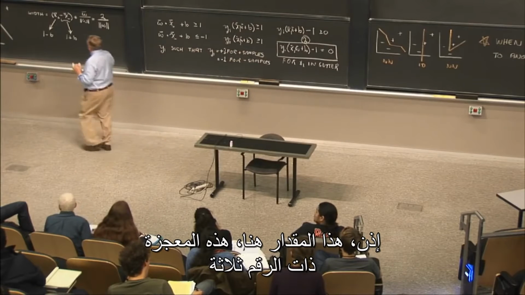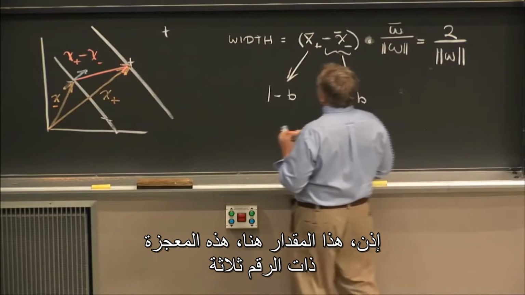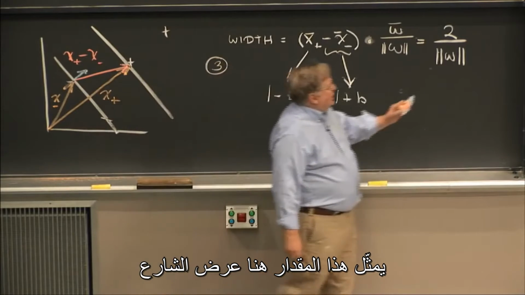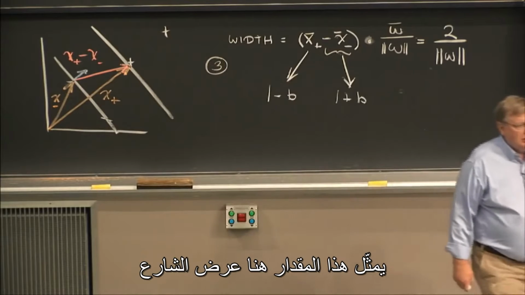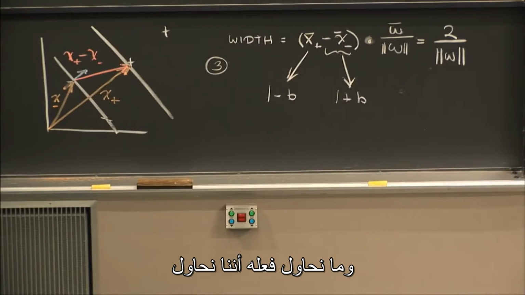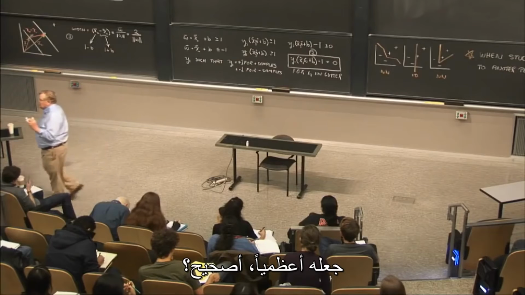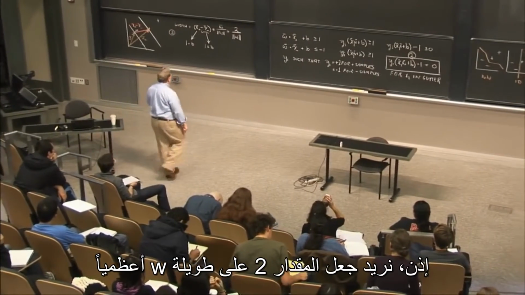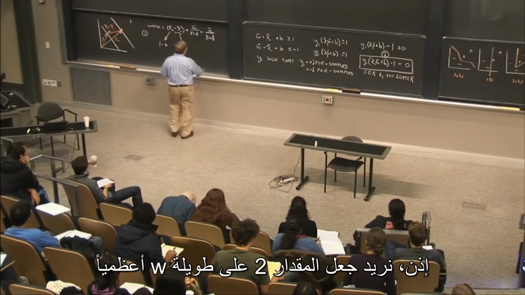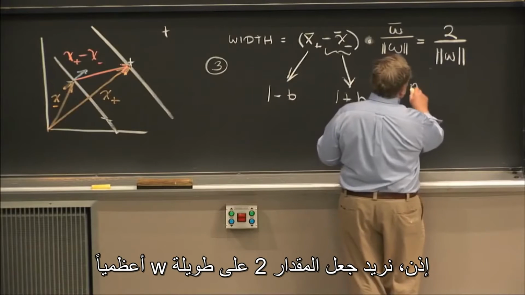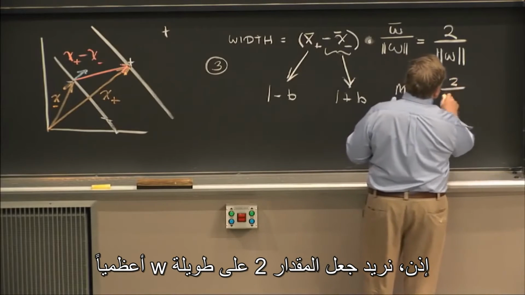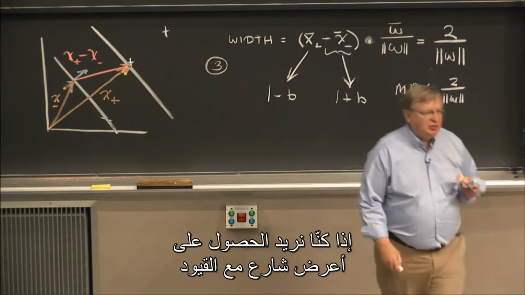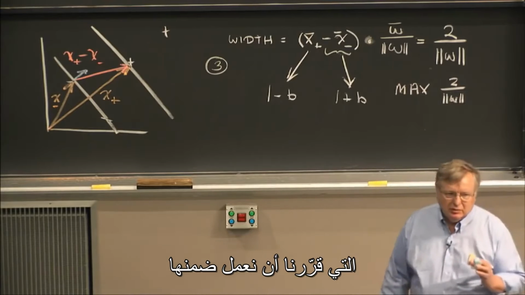So this quantity here, this is miracle number 3. This quantity here is the width of the street. And what we're trying to do is maximize that, right? So we want to maximize 2 over the magnitude of w if we're to get the widest street under the constraints that we've decided to work with.